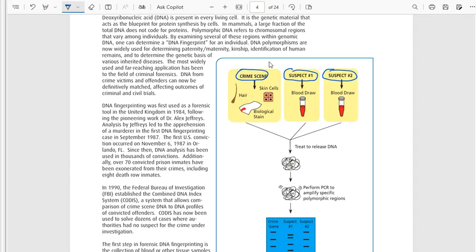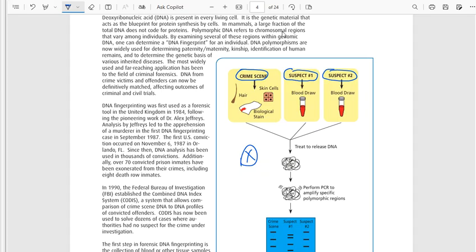So what happens here is that the DNA samples that are collected from the suspects or from the crime scene, it's probably not going to be enough DNA for us to reliably do something with it. So what we have to do is amplify it or multiply it. And when we multiply the DNA, we multiply it many fold.